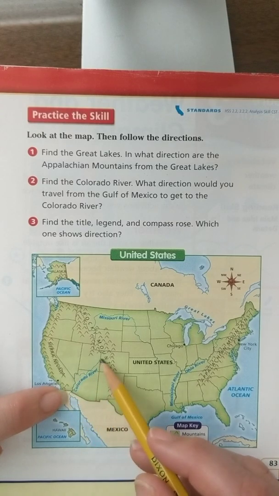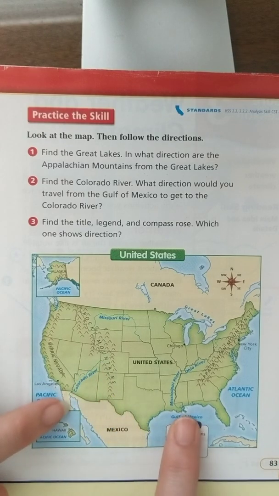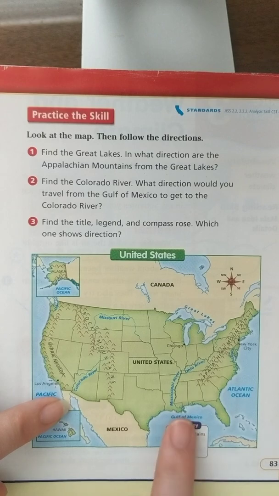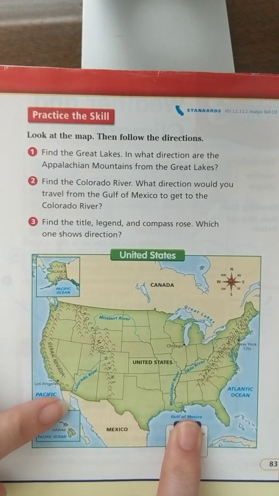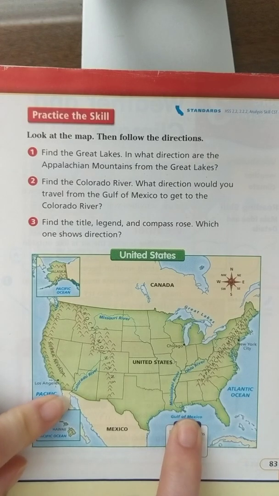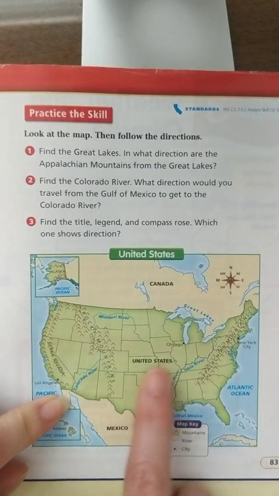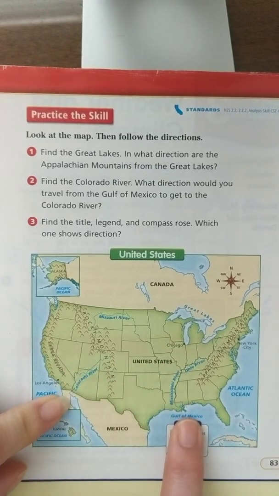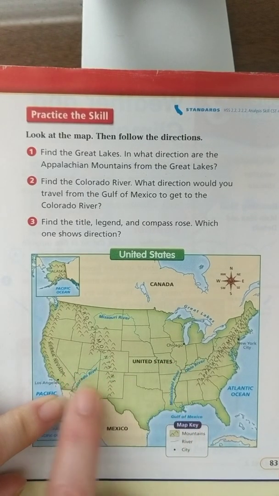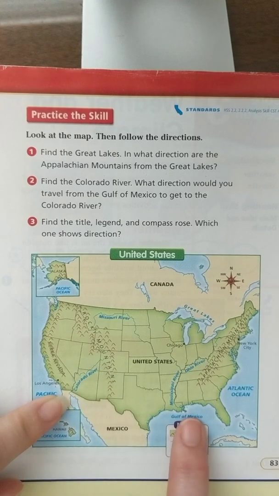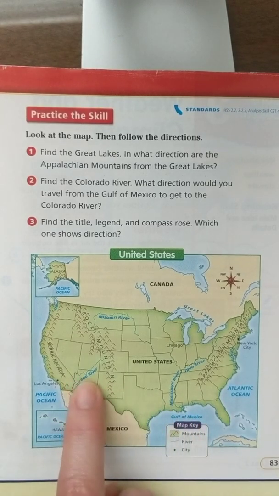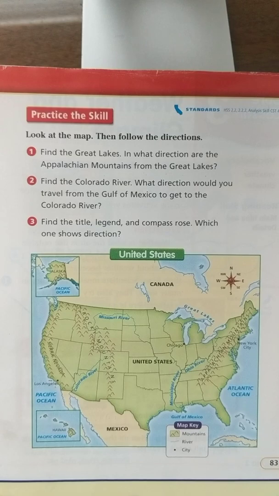Here's the Colorado River. So what direction, and we're starting from the Gulf of Mexico. What direction do I need to go? I see that I need to head north because I'm moving up a little bit. And I need to go west because I'm moving to the left. So we would say northwest.